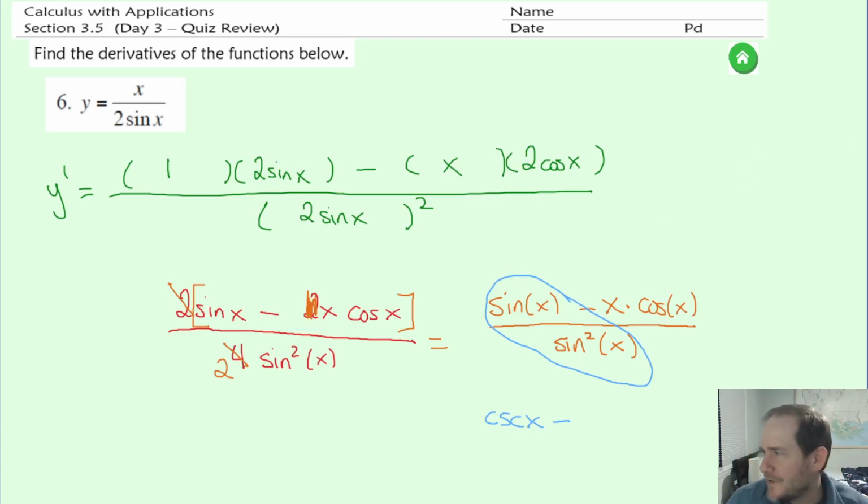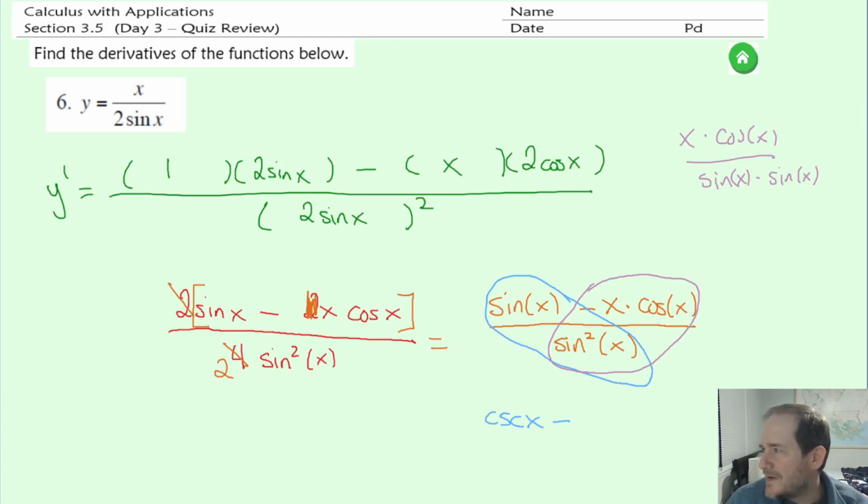I was trying to clean this up a little bit more because it certainly looks like I could divide that second term by sine squared, and that would be x times cosine of x all over a sine of x and a second sine of x.